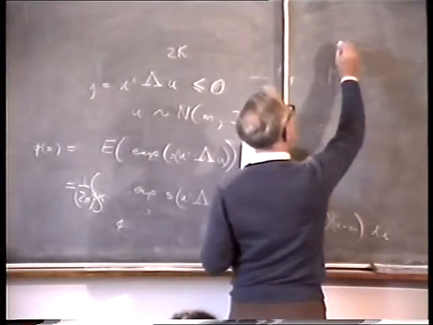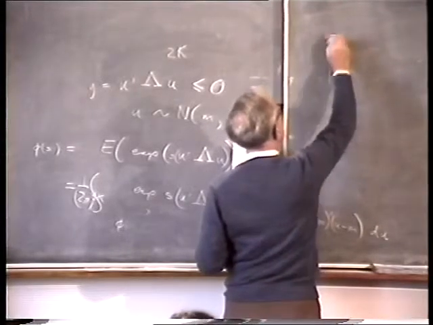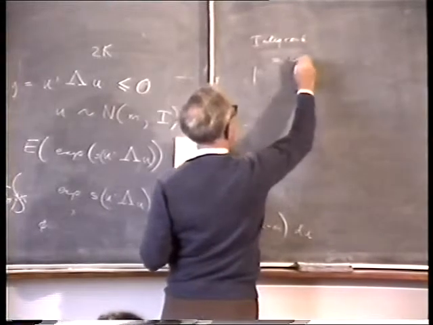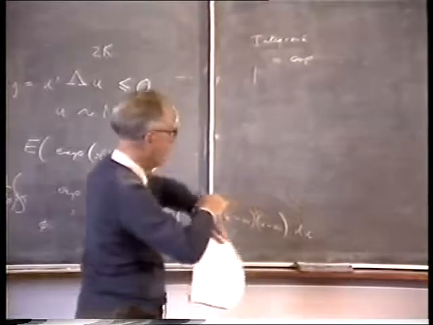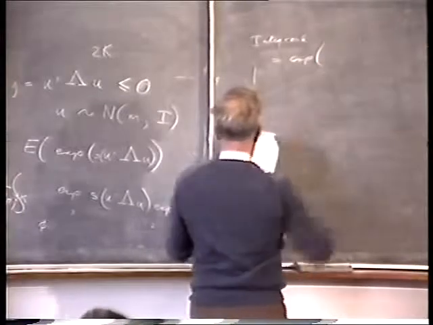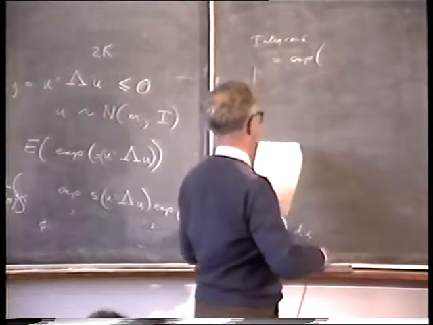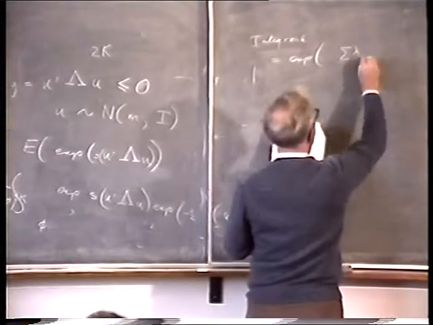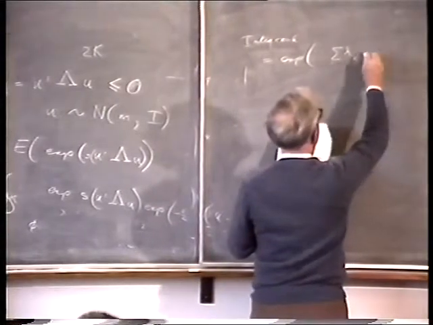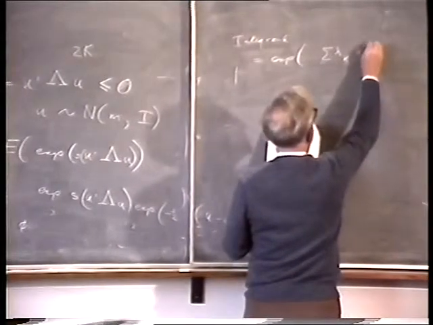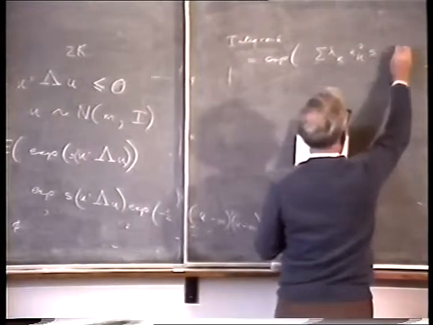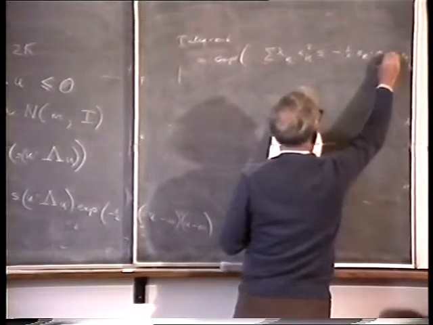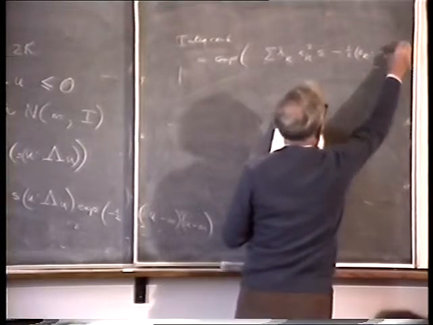So let me now write down the integrand equals exponential of the sum over k of lambda k uk squared times s, minus a half uk minus mk all squared.